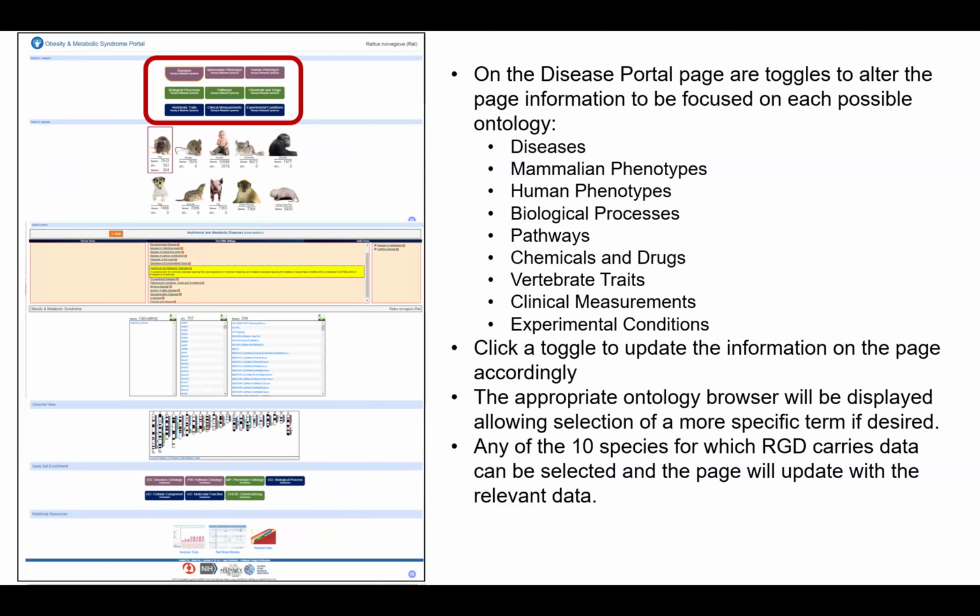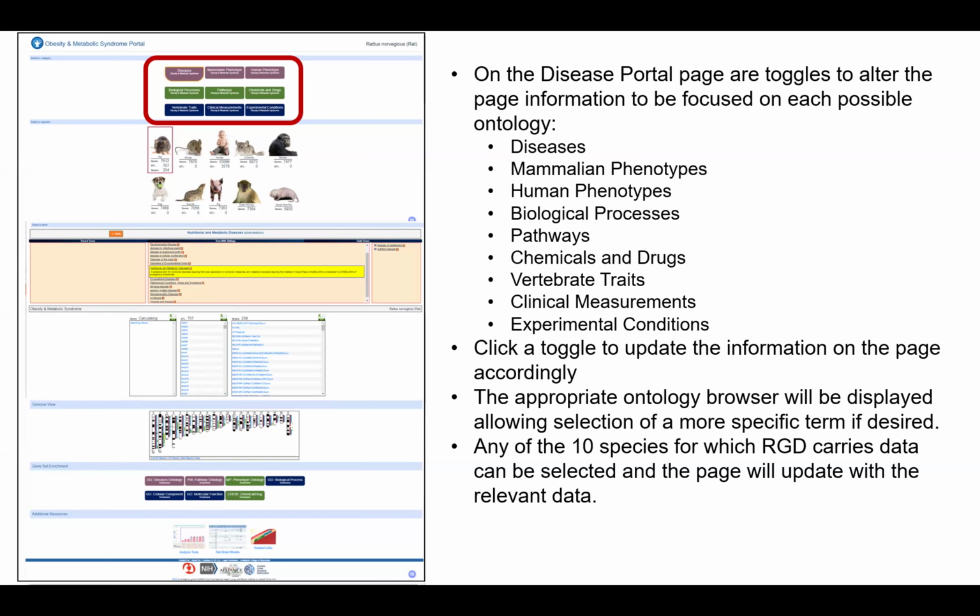So there are options for disease, mammalian phenotype, human phenotype, if you're looking at human, biological processes, et cetera. I'm not going to read through the whole list. If you click on mammalian phenotype for rat, then all of the information on the page will change to the information for the phenotype that you choose, instead of for a disease specifically.